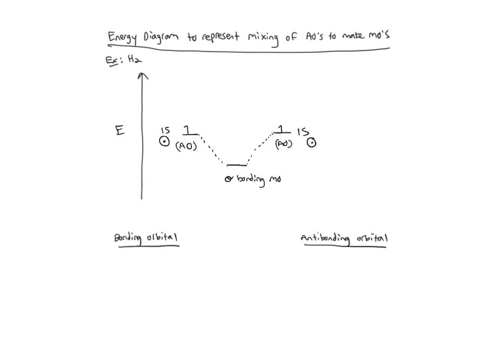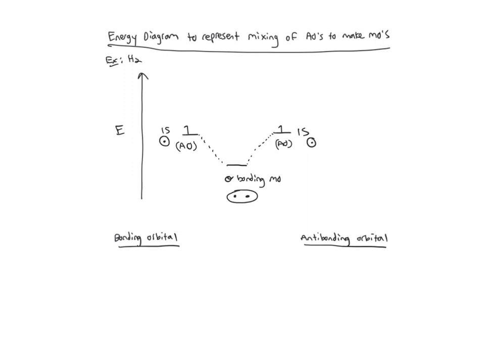So the bonding molecular orbital is actually going to be down here. Let's just redraw what that looks like. We saw that that one was when we did have that whole orbital basically surrounding those nuclei. So that's going to be our bonding molecular orbital.